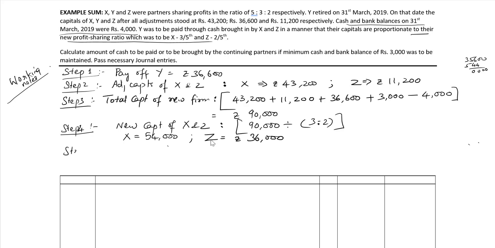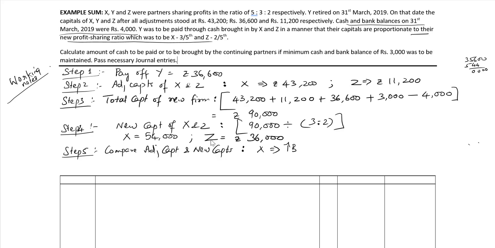The final step 5 is to compare adjusted capitals and the new capitals. In the case of X, adjusted capital is 43,200 rupees, whereas the new capital is 54,000 rupees.